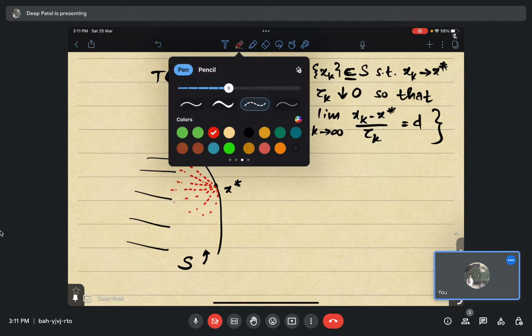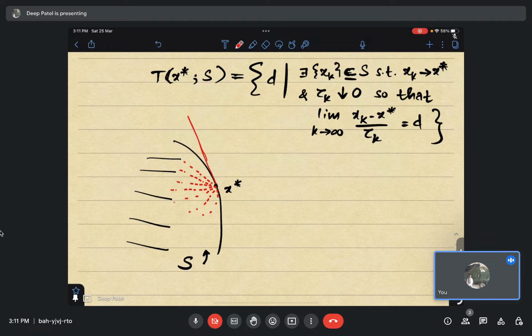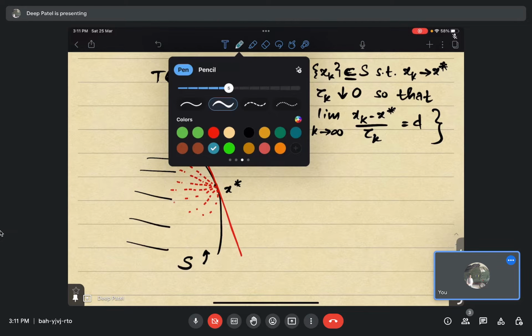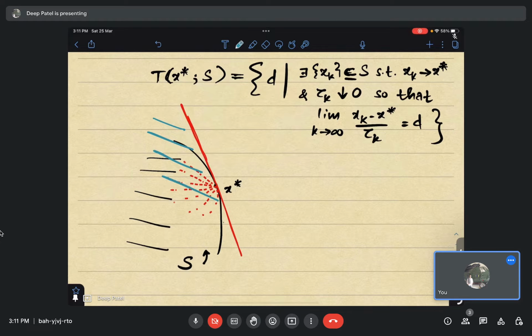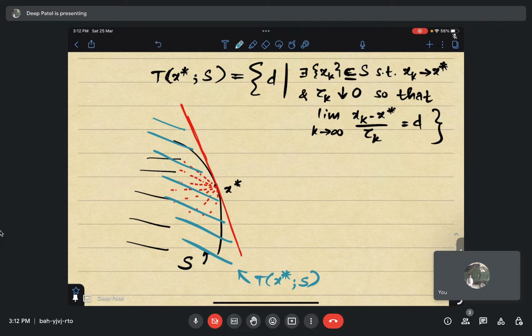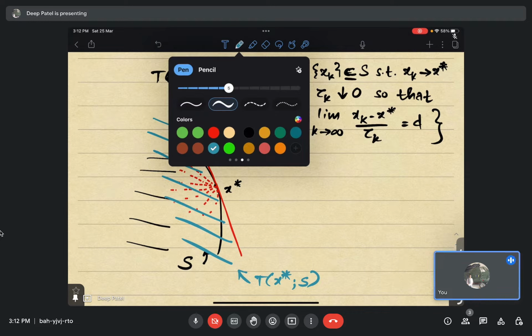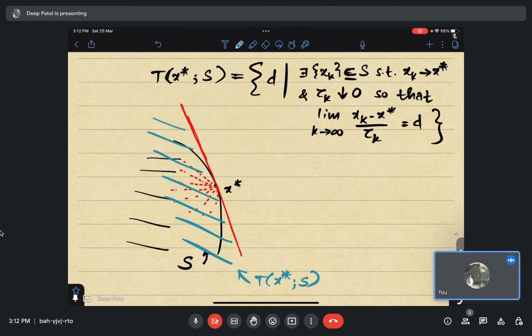So this half space is going to be my tangent cone. Are half spaces cones? Yes, half spaces are cones, right? You take any point. Yeah, they are cones.